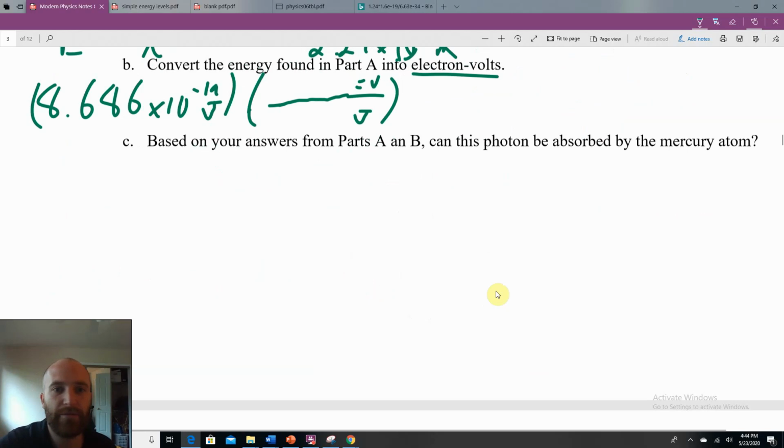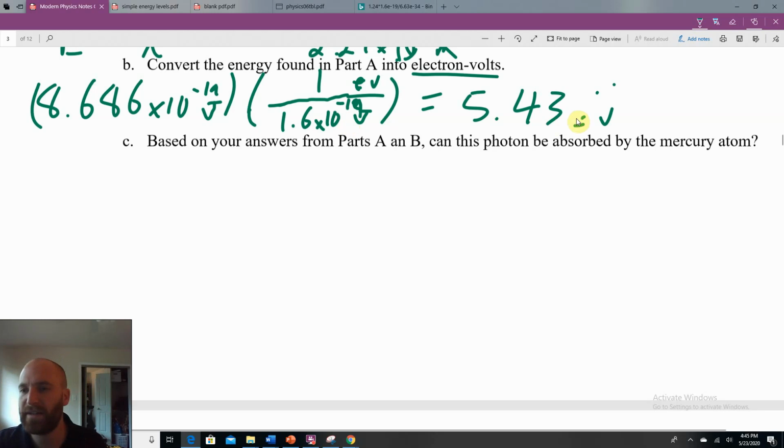According to your reference table, 1 electron volt is equal to 1.6 times 10 to the negative 19 joules. Not negative 11, negative 19. Oh, it says negative 19. I'm sorry, everyone. Okay, so that 1.6 ended up in the bottom of our fraction, which means we will divide by that. 8.686 times 10 to the negative 19 divided by 1.6 times 10 to the negative 19 gave me about 5.43.